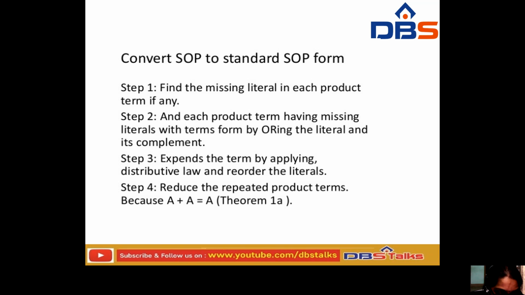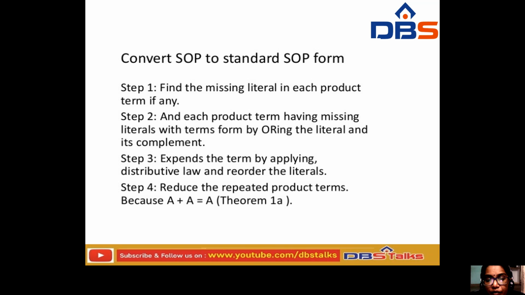Why? Because if there is a repeated term, it may cause some disturbance, so we have to take that into the picture and keep it in mind. Then we simply find the missing literal in each product. Each product term having missing literals is combined with the term formed by the OR-ing of the literal and its complement.